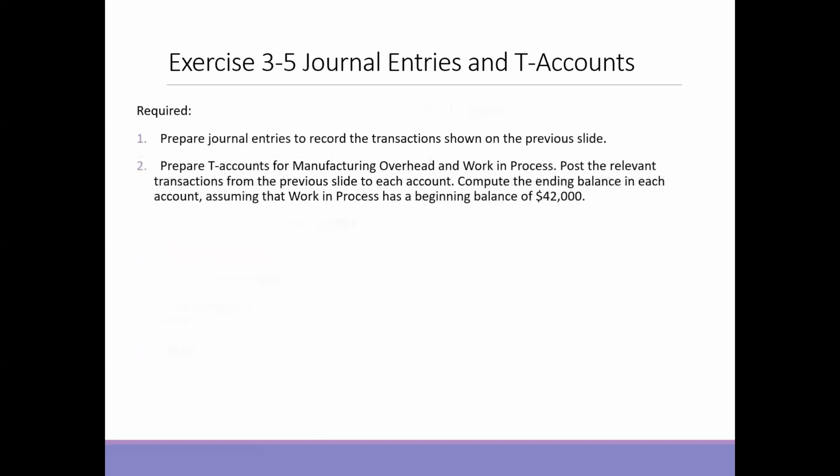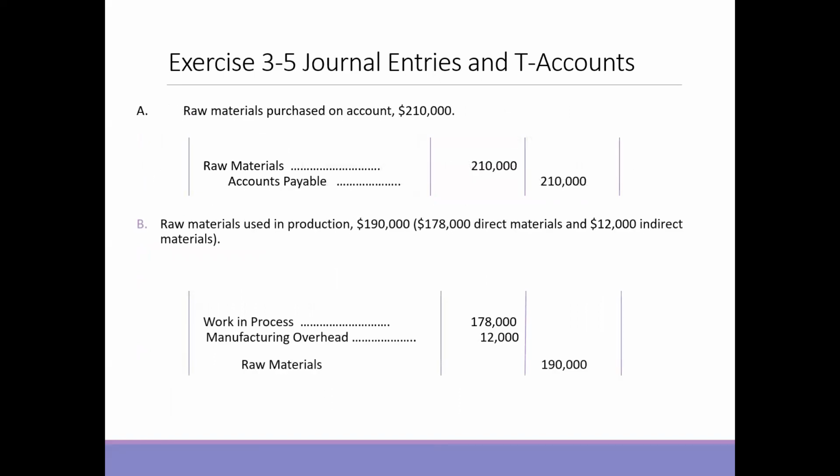So we're going to start. Raw materials purchased on account, 210,000. Easy. We debit our raw materials and we credit our payable.